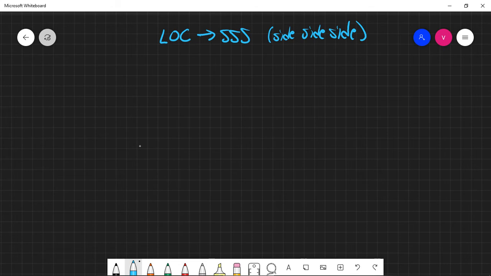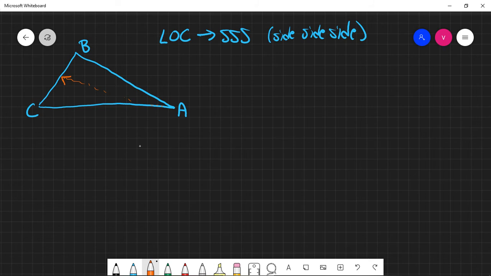Okay. So again, very exciting triangle here. And it's going to be ABC again. So again, opposite A, angle A is side A, which is going to equal 4.